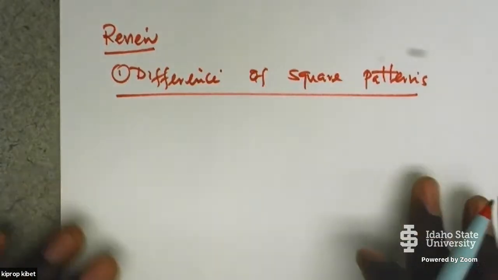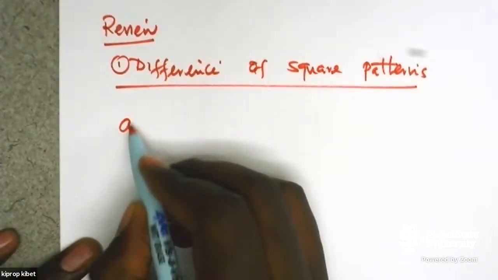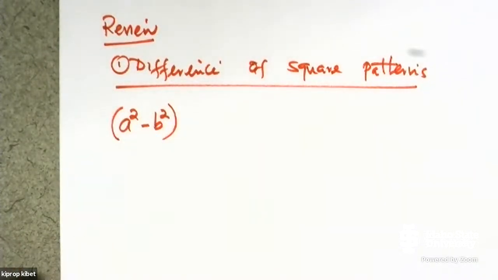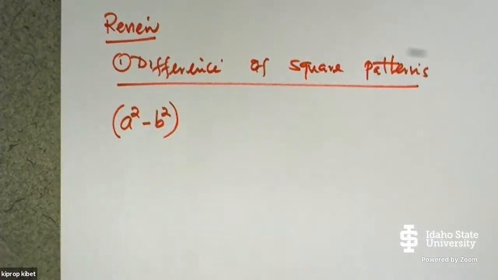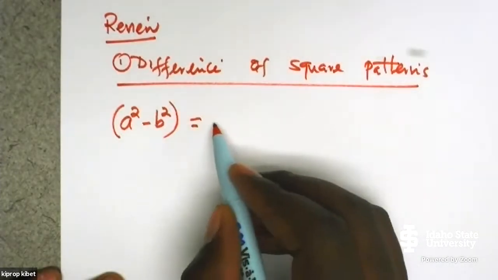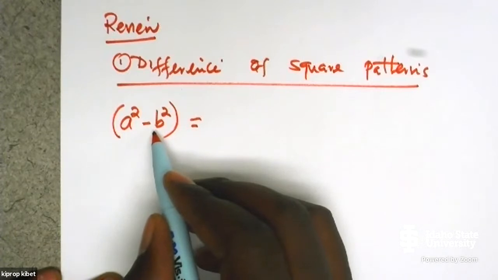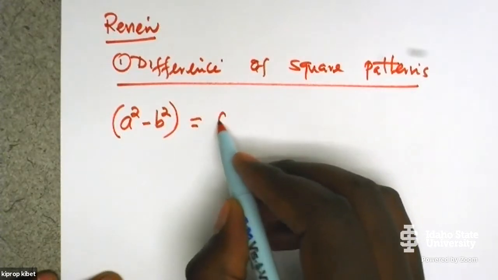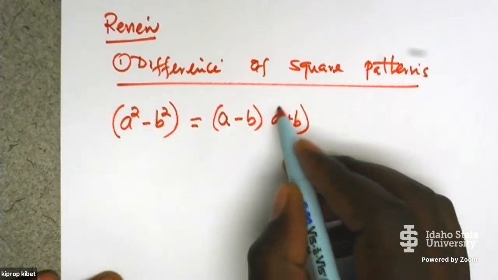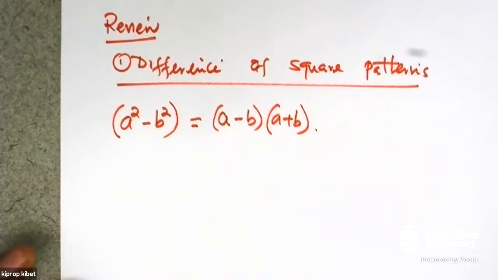If we have a squared minus b squared, this is always a difference of two squares. To factor it, the two factors will be a minus b and a plus b.